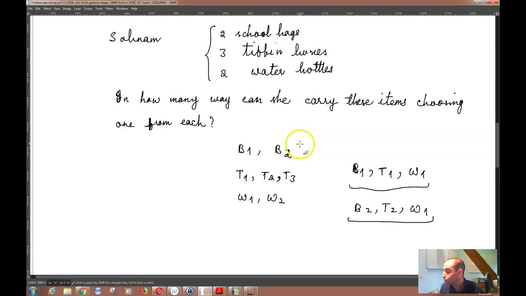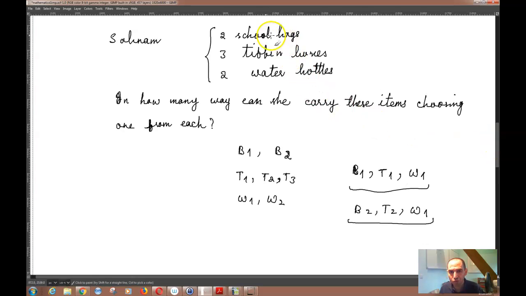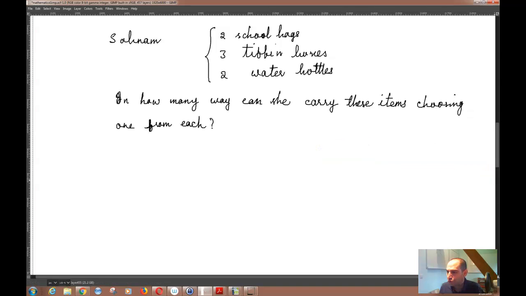Now, the way that we can solve this problem, or the way that you can think about it, is that since you have two school bags, you can say that a school bag can be chosen in two different ways.